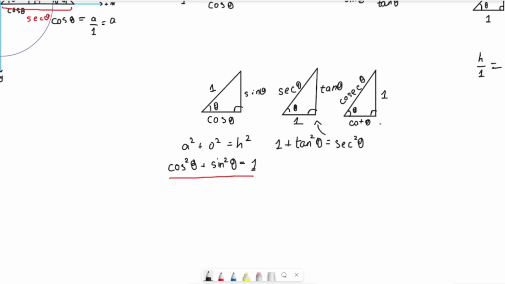And then from this triangle, we'll get our last Pythagorean identity, which is that cotangent squared of theta plus 1, 1 squared, which is 1, is equal to cosecant squared of theta.